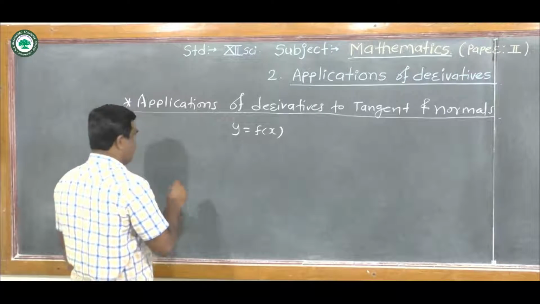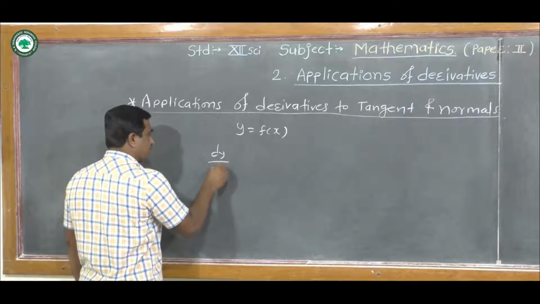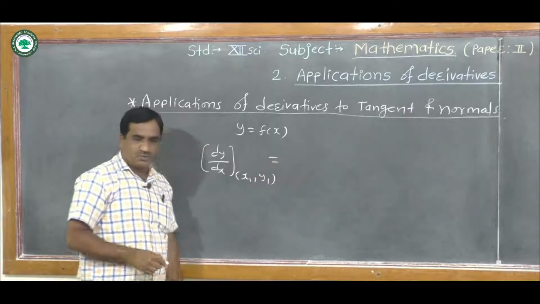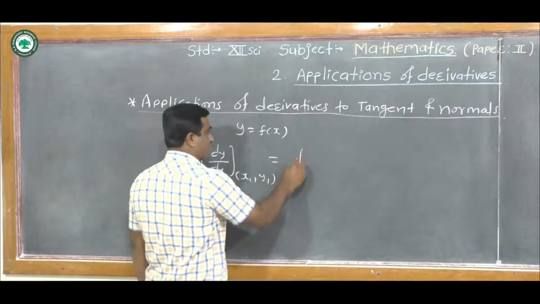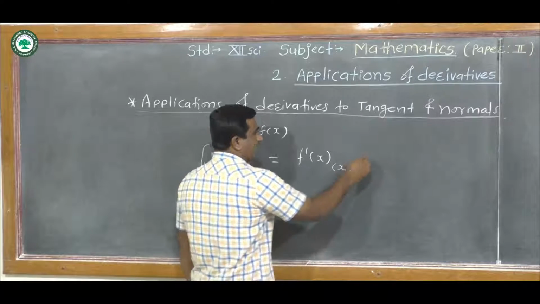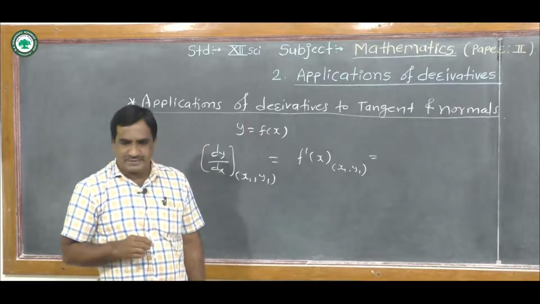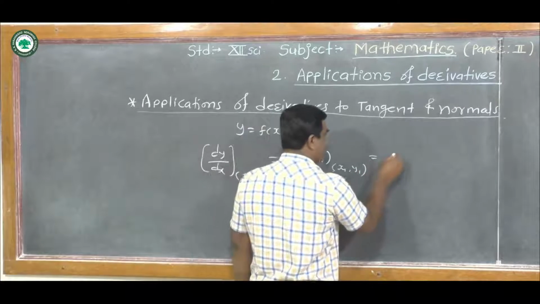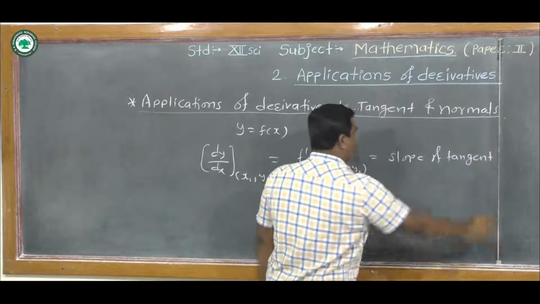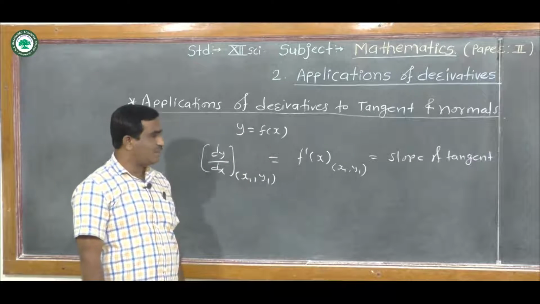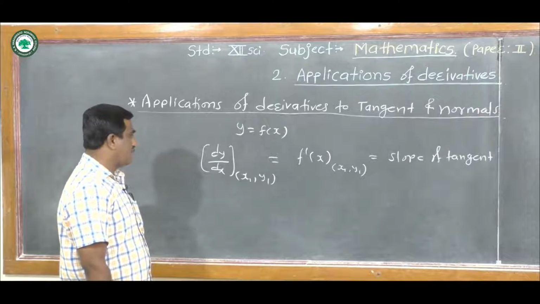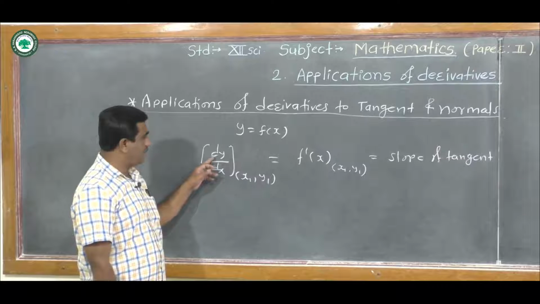Then dy by dx at point P(x1, y1) is equal to f dash of x at point (x1, y1), which is nothing but the slope of the tangent, or gradient of the curve.